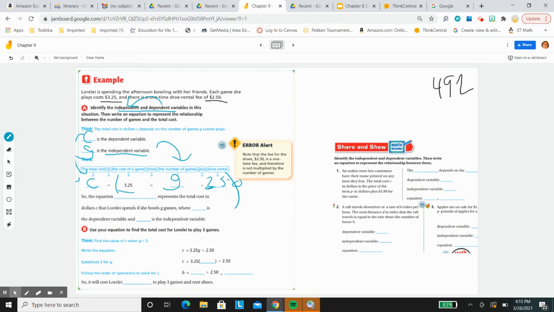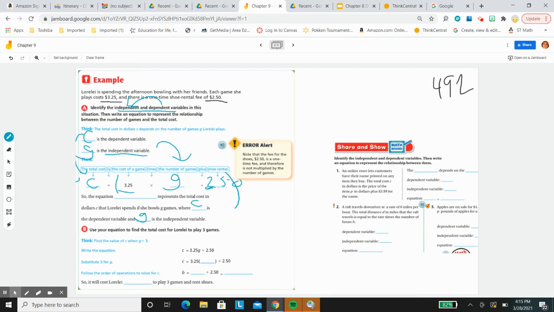So the equation C equals $3.25 times G plus $2.50 represents the total cost in dollars that Lorelai spends if she bowls G games, where C is the dependent variable and G is the independent variable. So there's two examples of how we can build an equation with independent and dependent variables.